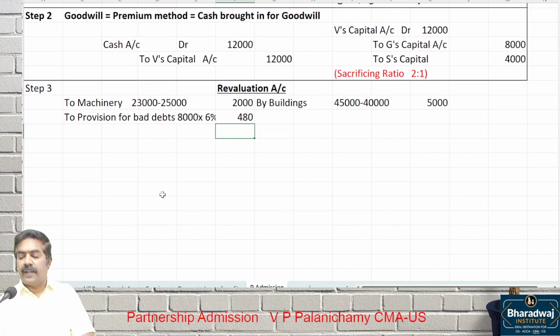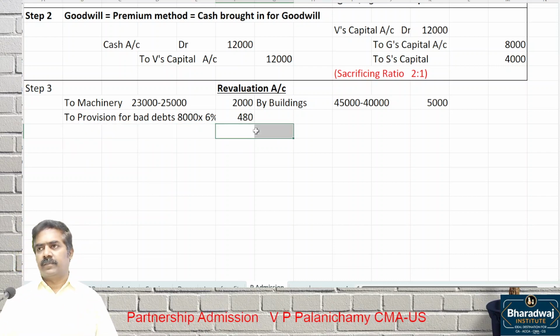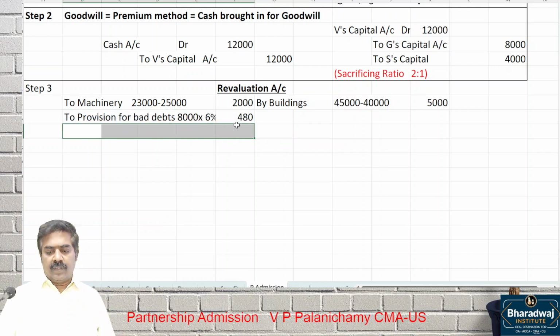Anything else to be adjusted? General reserve will go to partners' capital account. Any other revaluation? No. Tally this, you will get the profit, 2,520. Transfer to old partners. Who are the old partners?